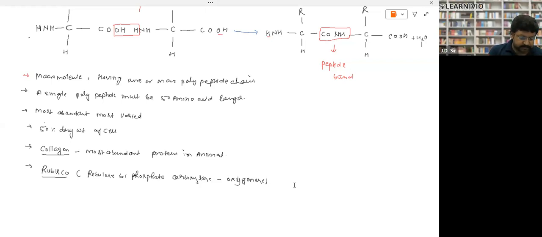Next point. A single polypeptide. So what can be the length of a polypeptide?